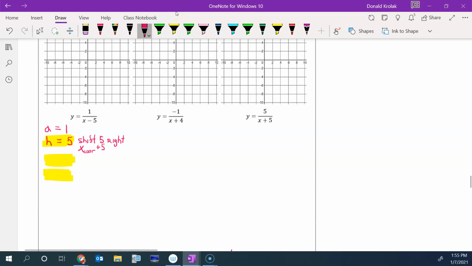They're going to be the same. So the vertical asymptote is at x equals 5, and the domain is x, all numbers except 5. Okay, and then the horizontal is the same as the parent function.